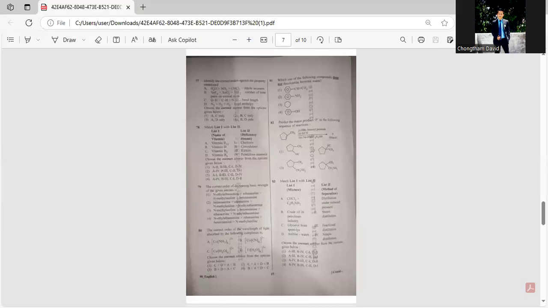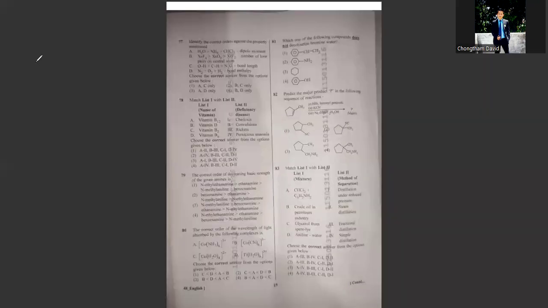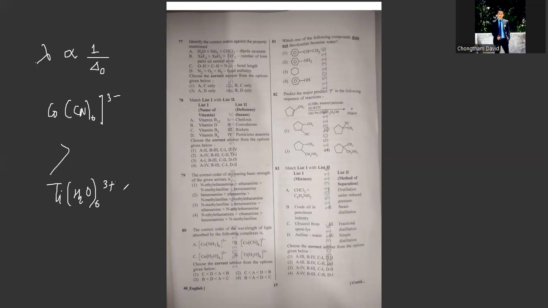One key important point you should know here is that the wavelength is inversely proportional to CFSE, crystal field stabilizing energy, or you can say ligand field strength, and delta knot order follows from high to low such that the cobalt complex 3- has the highest, next to titanium, water 3+, then followed by copper, then the least is cobalt ammonia.